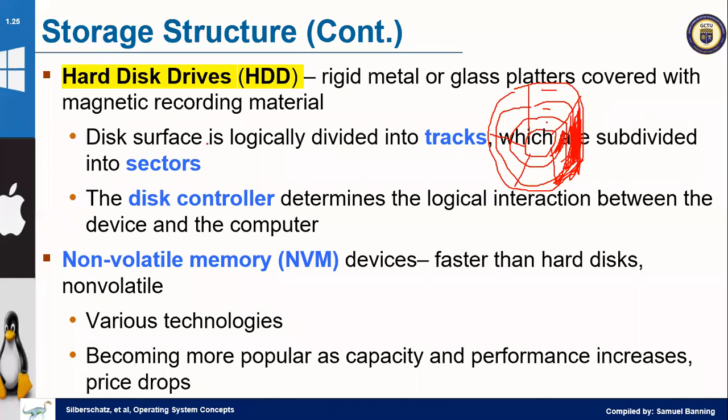All right. Now there is a disk controller. Remember, we talked about disk controllers. They determine the logical interaction between the hard disk drive and the CPU. Some of these hard disk drives are non-volatile, meaning that when you turn off the power to this hard disk, the data on it are not lost.